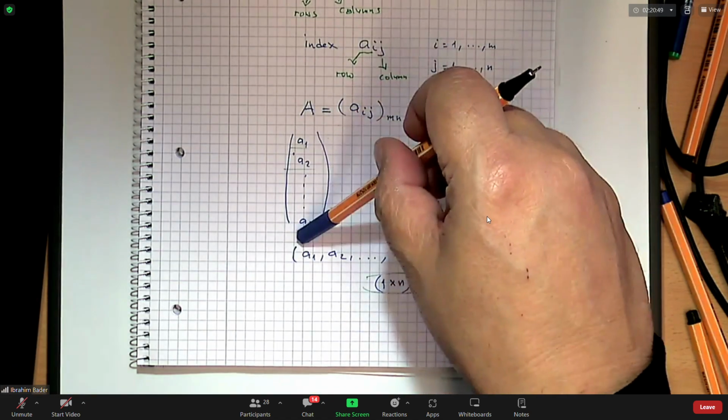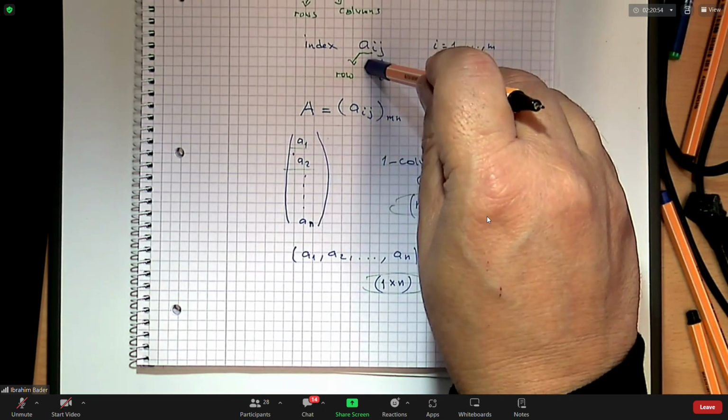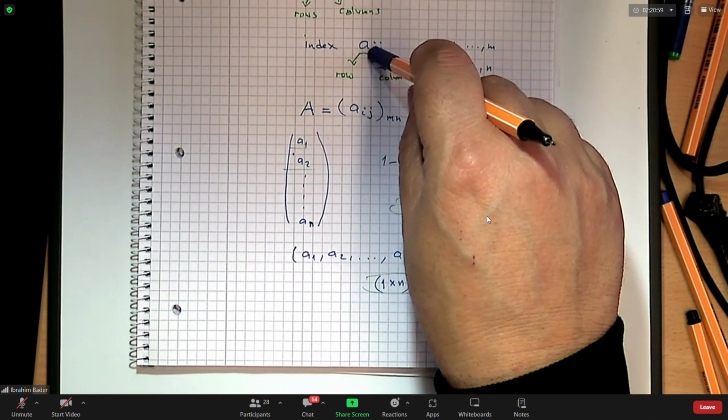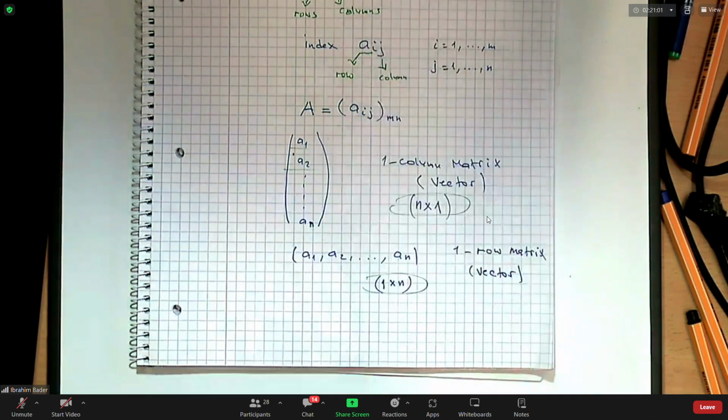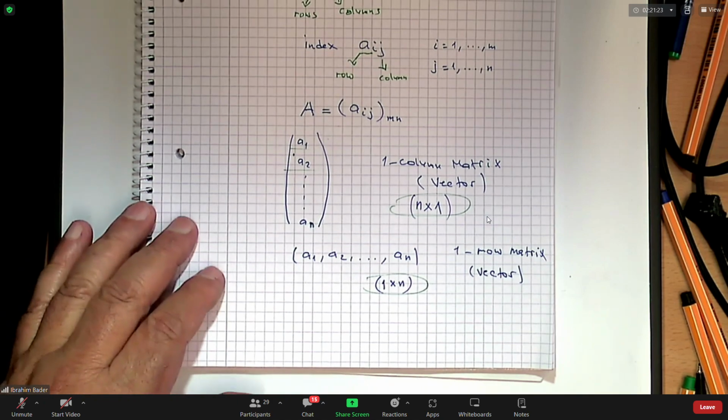It has 1 column and n rows. So usually we agree that the first coordinate is always the rows and the second is the column. It depends on the agreement, so let's agree here that it is always row, column. So here 1 row, n columns. Here n rows, 1 column. So a vector, you can look at it as a 1 row or 1 column matrix.